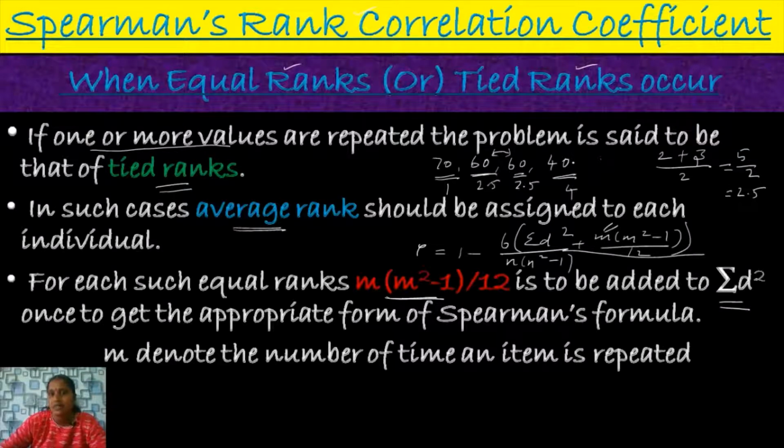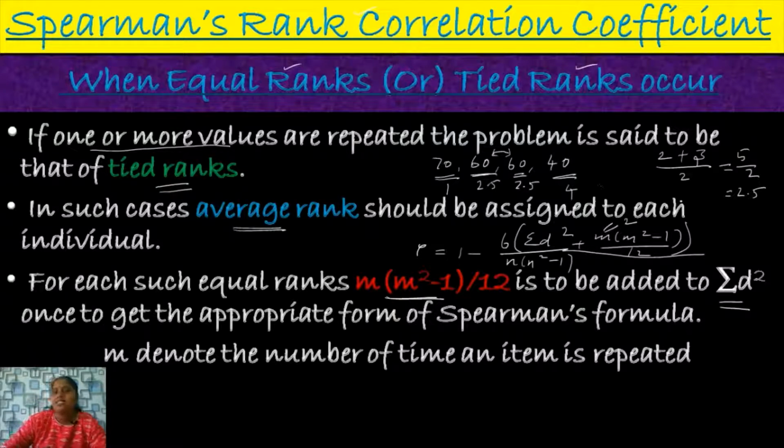In the previous example, the value 60 is repeated 2 times, so here m takes the value 2.